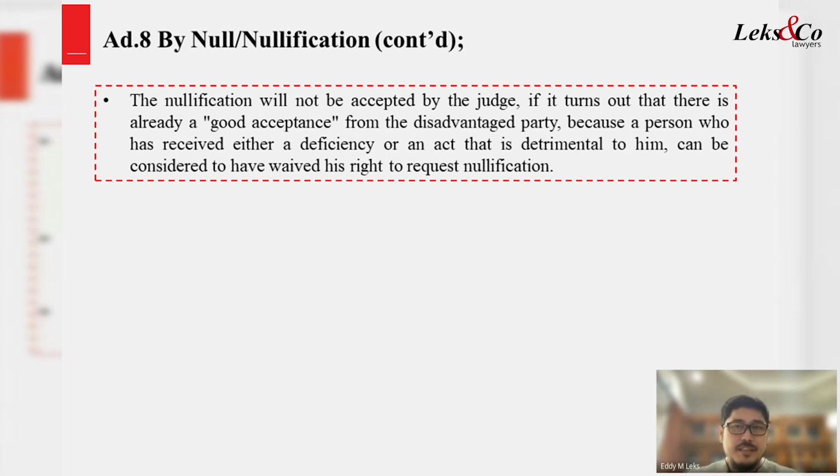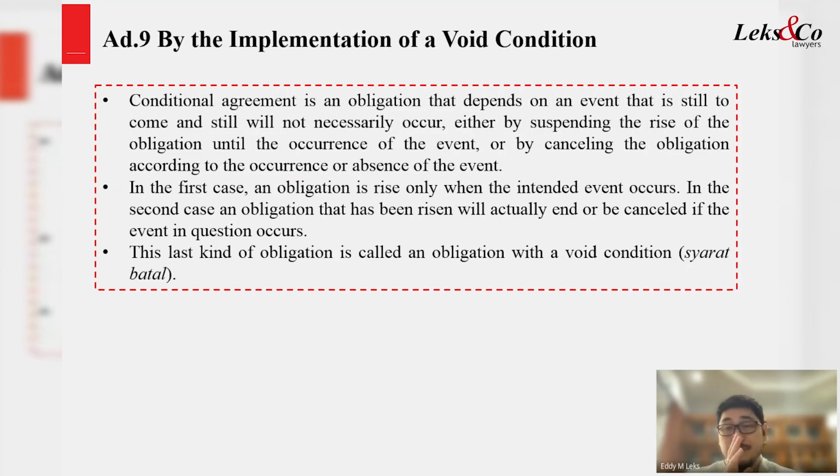Okay, the other thing is the implementation of a void condition. So this is different. Pembatalan and syarat batal. Syarat batal refers to 1265 actually, and 1266 and 1267 also, but the main clause referred is 1265. 1265 relates to the conditional agreement, perikatan bersyarat, conditional obligation.